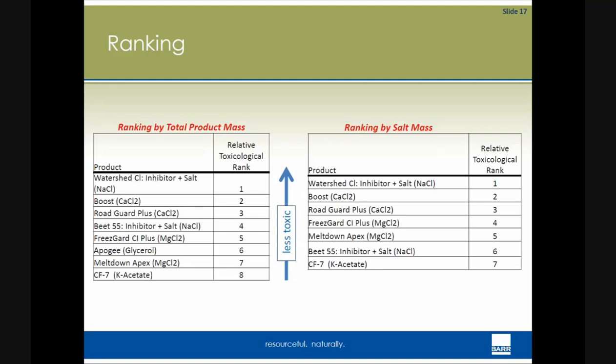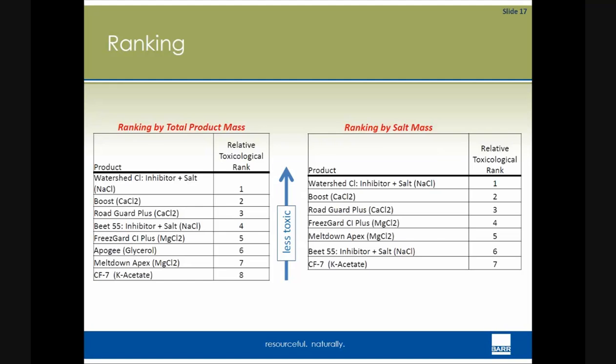This follows pretty close to the literature. I think I did this on another slide. I may be preventing myself from that conclusion, but it follows pretty well with what I would expect in terms of ranking of salt toxicity. So going from that table to the right, ranking by salt mass, the only difference in the table really was that it pushed B55 toward the bottom because it had less salt content.